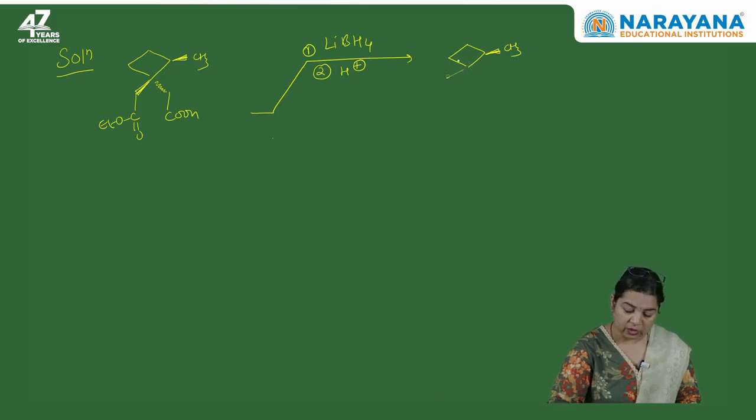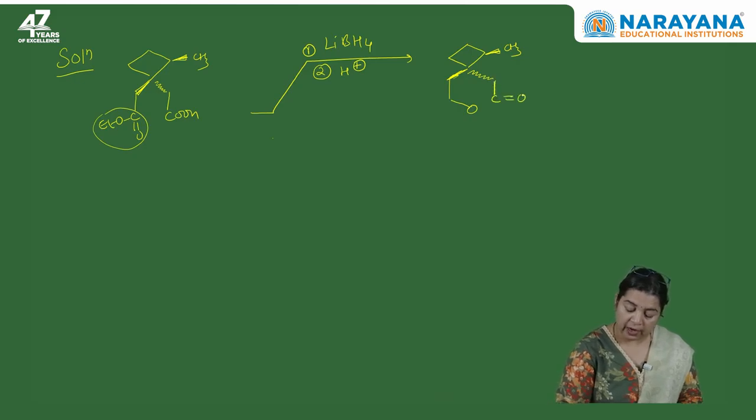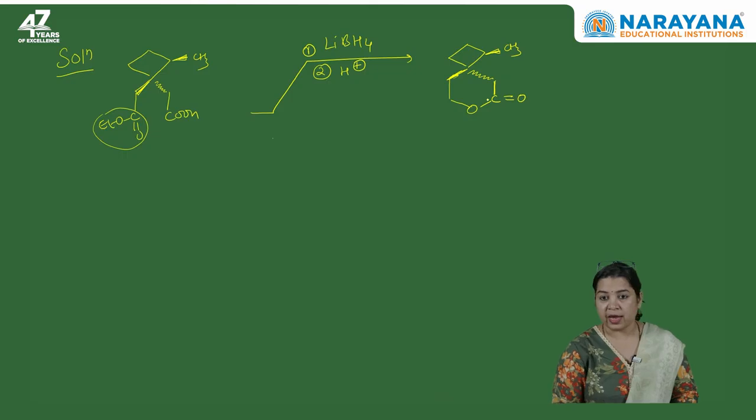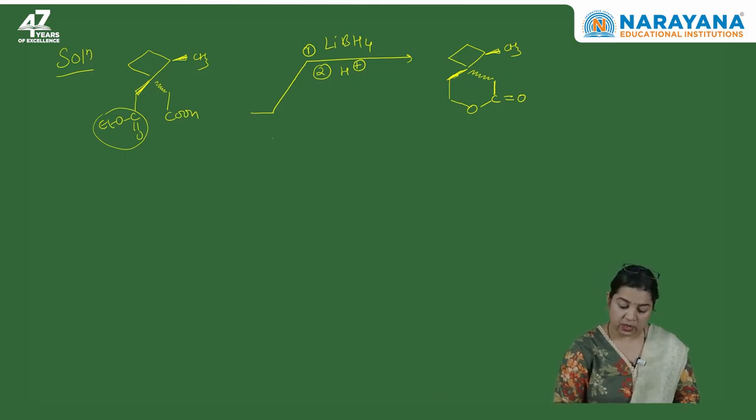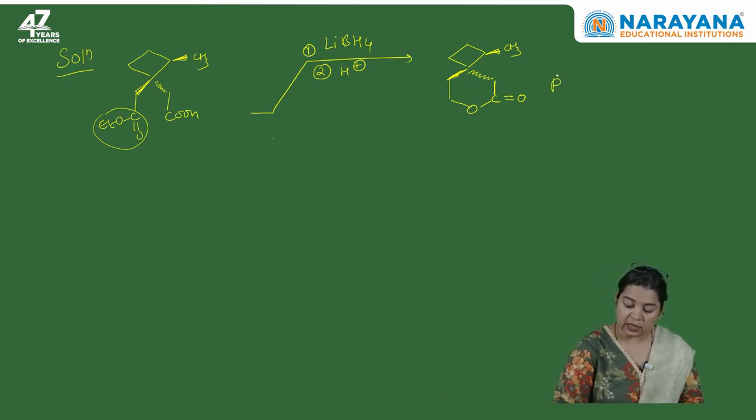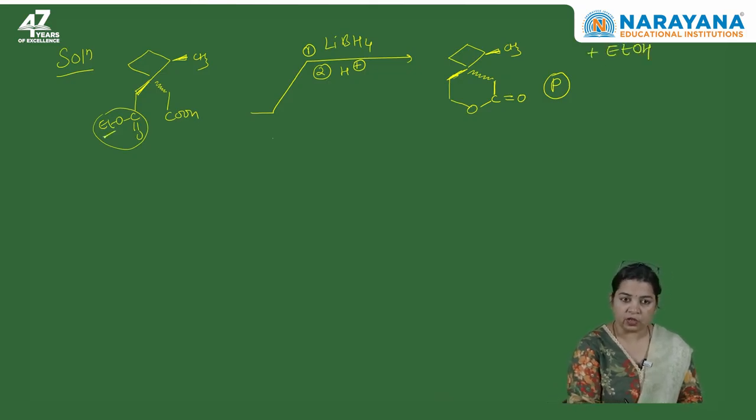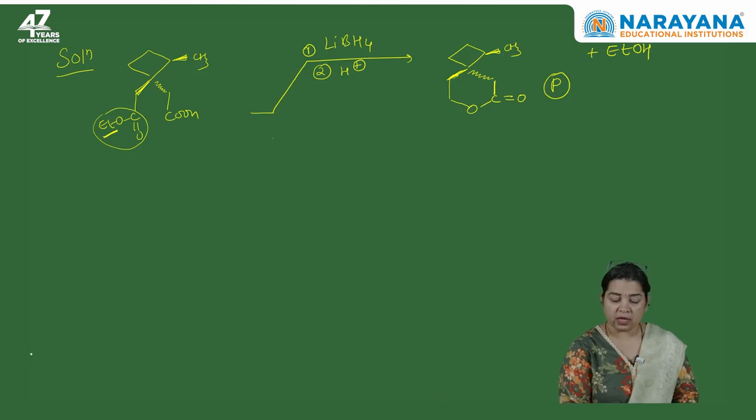So wedge, here wedge. Now this thing will become CH2OH. So this is O. Why am I writing only O? Because that O will react with this COOH and ester is formed. This particular one is P. Along with this, definitely ethanol is also obtained because this portion will go out as ethanol.